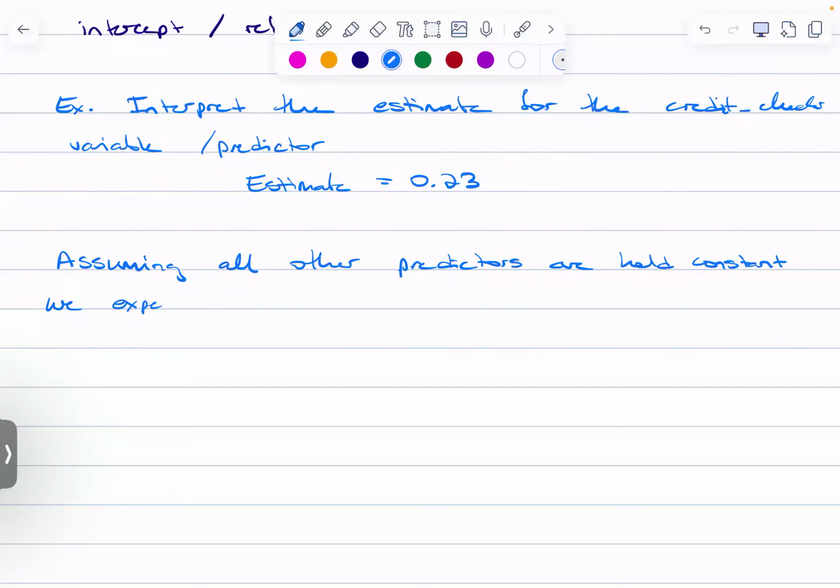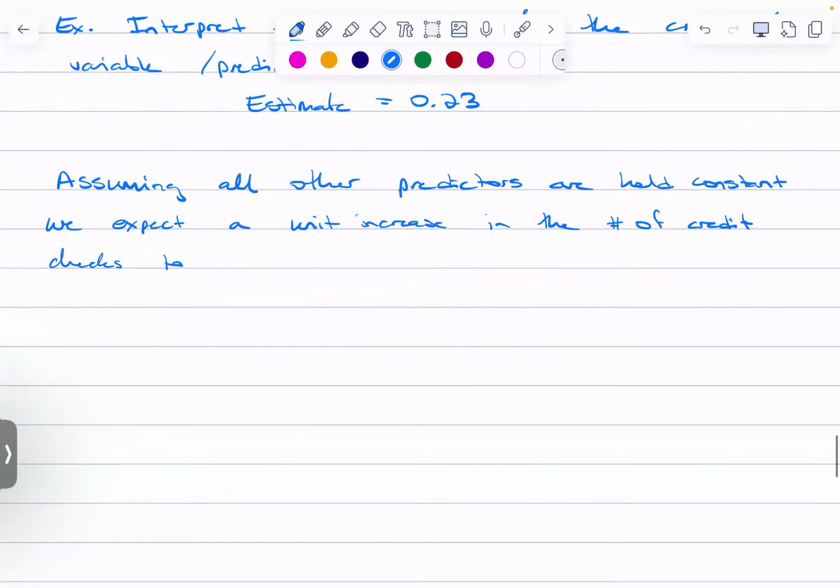So, assuming all other predictors are held constant, we expect a unit increase in the number of credit checks to produce a 0.23 unit increase in the predicted interest rate.